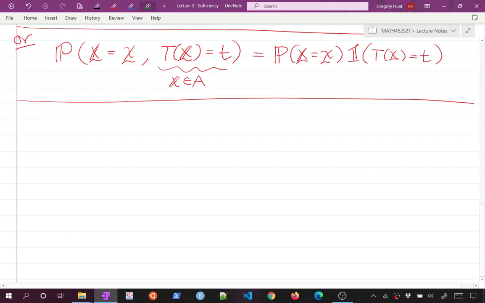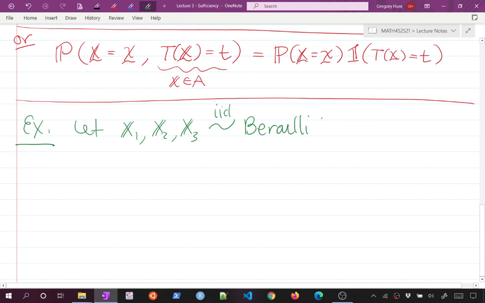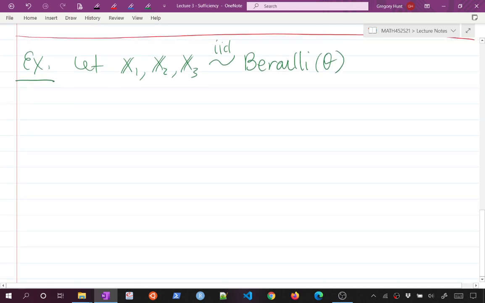Let's look at an example of sufficiency. So here's our example. Let's assume we have X1, X2, and X3, and they're going to be IID from some Bernoulli distribution with an unknown parameter theta. And we want to estimate theta.